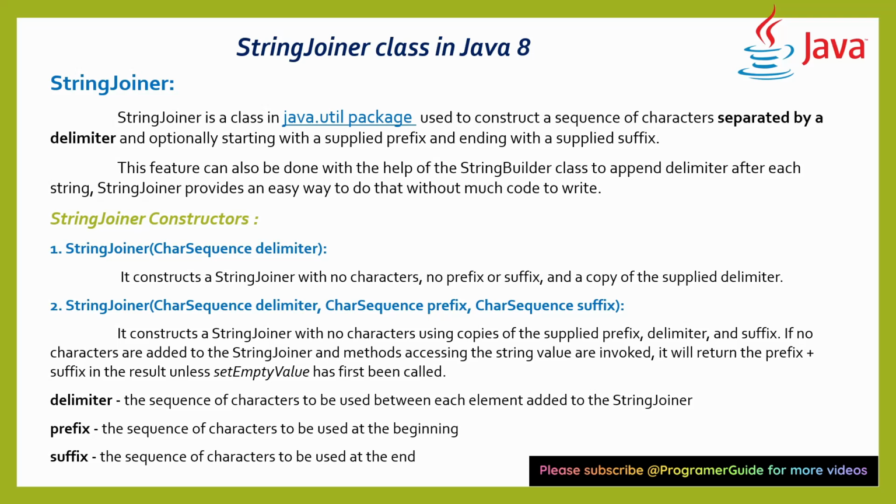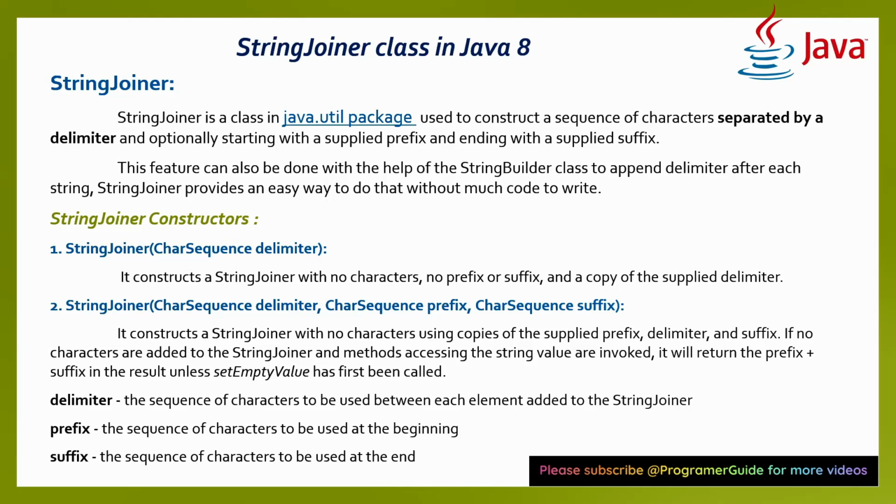But appending on every line is memory consuming and cost consuming, and the number of lines also increases. So StringJoiner is the better option for adding special characters or delimiters. StringJoiner has two constructors.